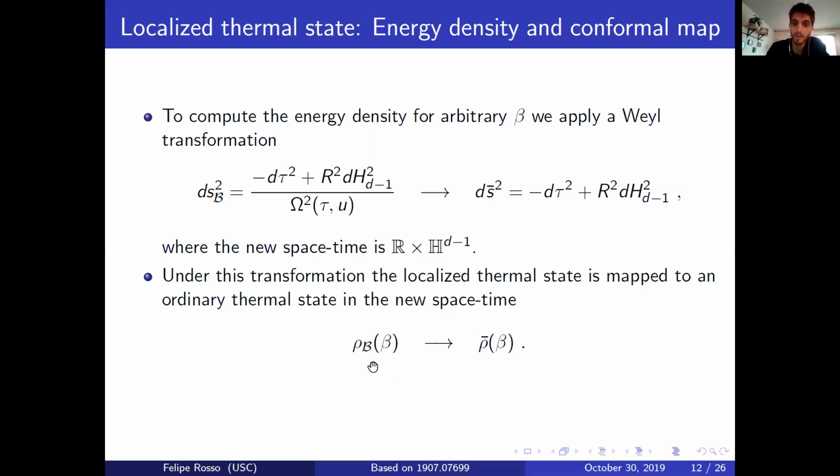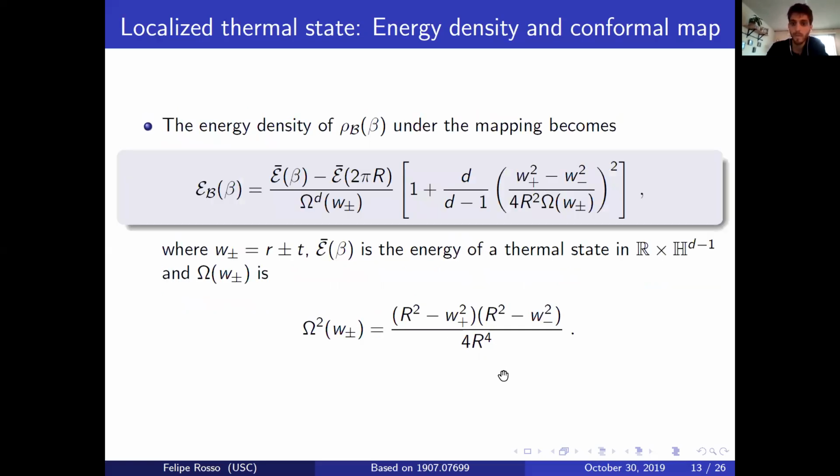Therefore, if we follow how the energy density transforms under the conformal transformation, we will be able to obtain the energy density of the localized thermal state in terms of the energy density of an ordinary thermal state. And this is what you can do. And this is the result.